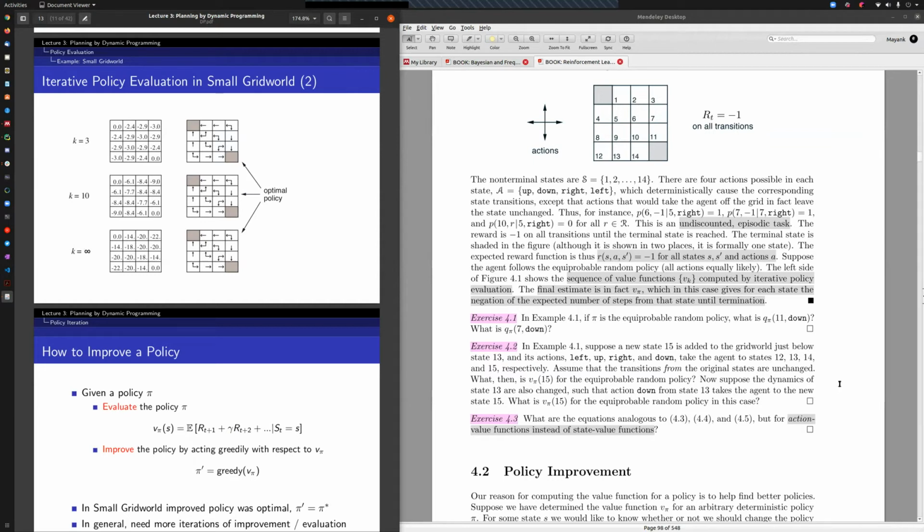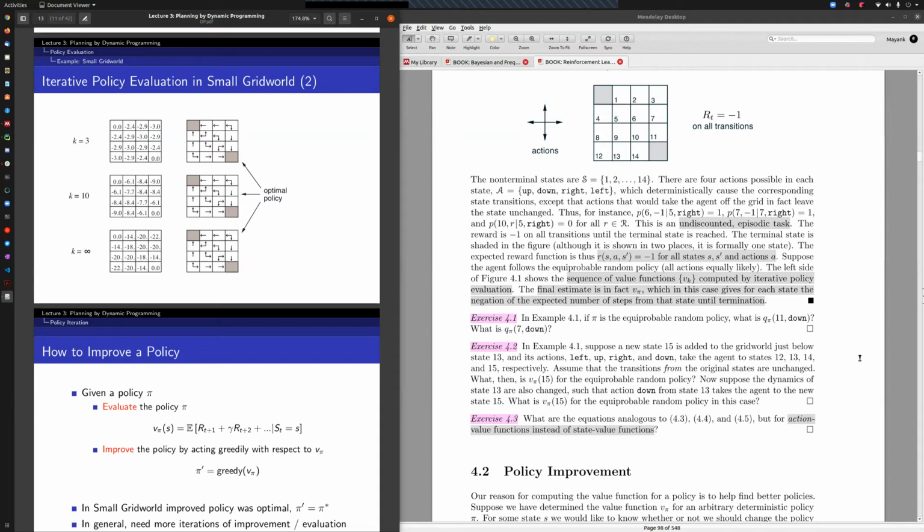The same analysis may be applied to other states. You take the reward you get, which is -1 for every possible action from state 15, and then you sum over all the next states' values multiplied by the probability.